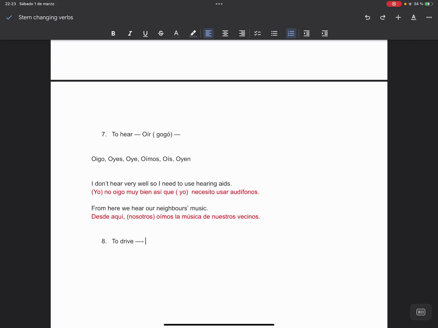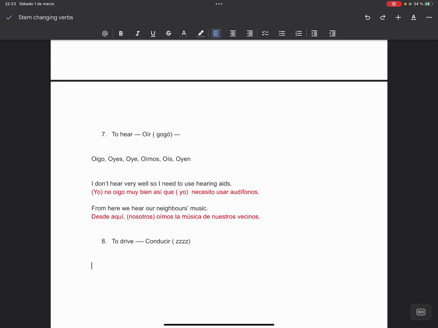In Spanish, the verb to drive is the verb conducir. What type of stem changing verb? It's that. And that's, as I said, stem changing verb. So before the C, you will need an extra Z only for the first person single.